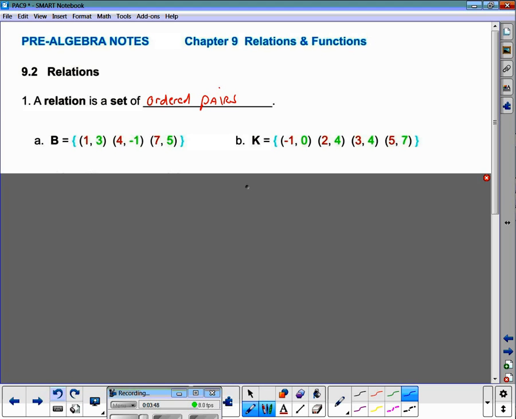Things are paired up. Set K here, guy -1 is dating girl 0. All right, she's a 0, but oh well. Someone's got to date her, thankfully. Matches made in heaven. God's got somebody for you, perhaps. All right, guy 2 is dating girl 4. Guy 3 is also dating girl 4.